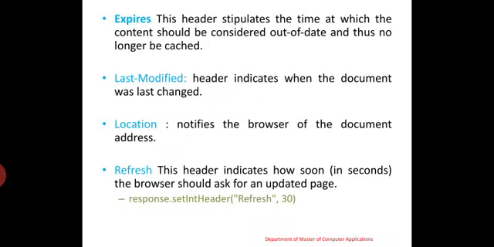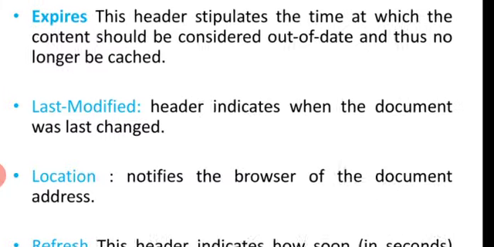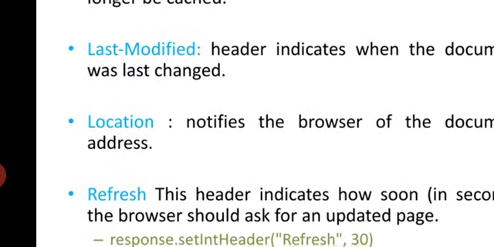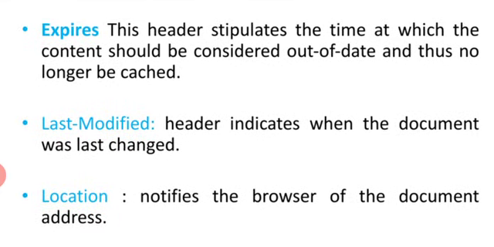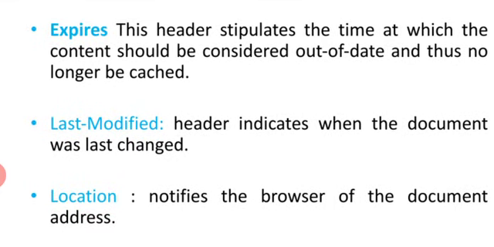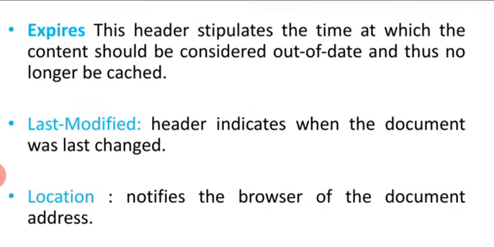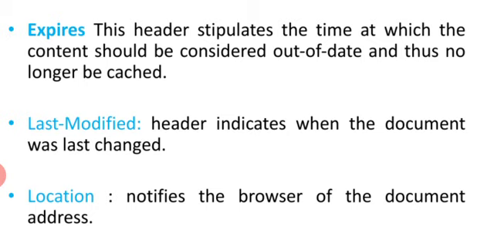And then expires. This header stipulates the time at which the content should be considered out of date and thus no longer be cached. So you are giving a stipulated time for the response pages, after which that page will not be accessible from the server.